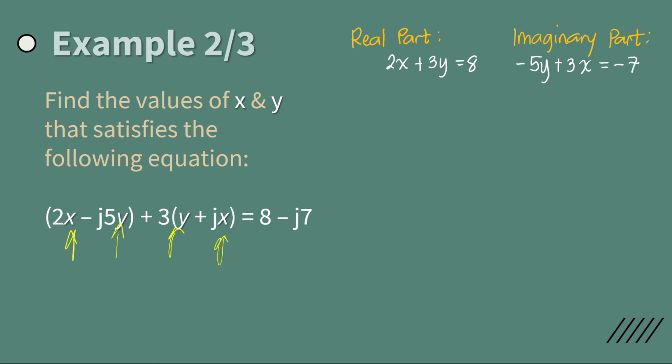You don't need to include the j because the j will cancel each other. You copy j here, j, j, then basically they just cancel out. So there you go. Having two equations and two unknowns, we can solve the problem.